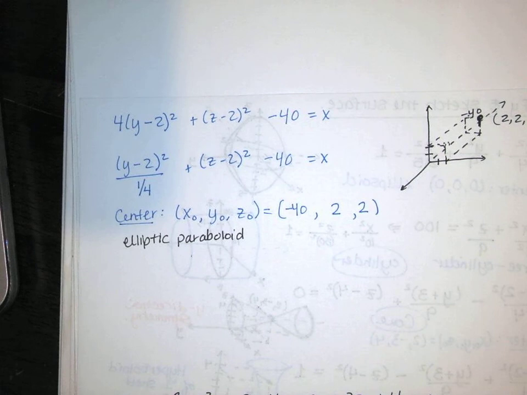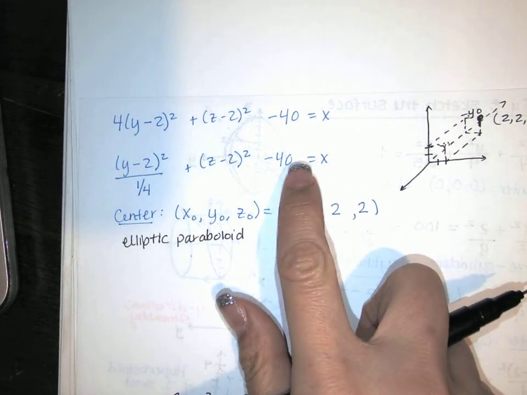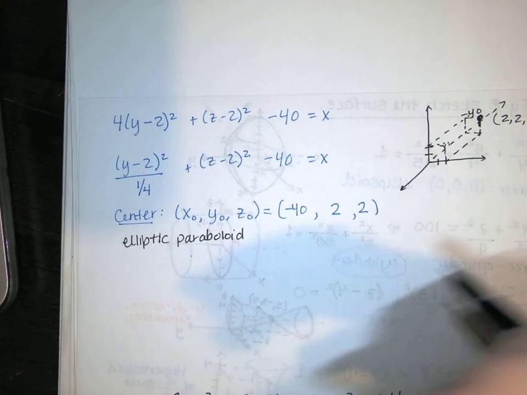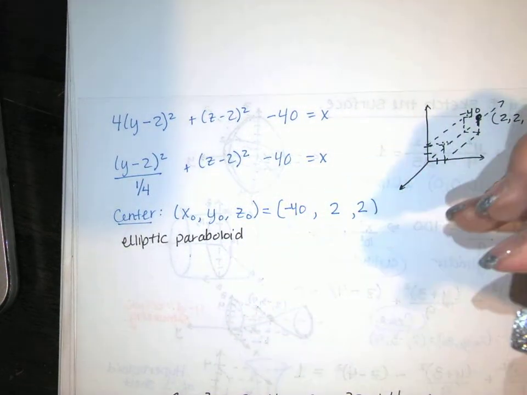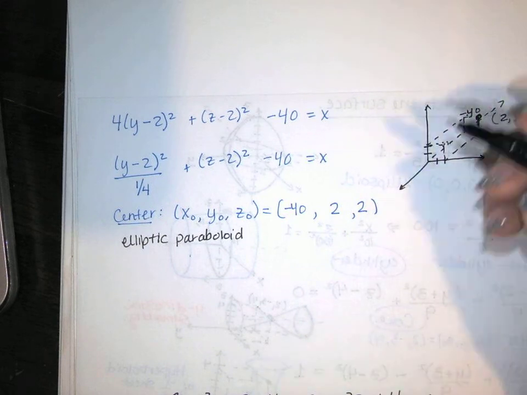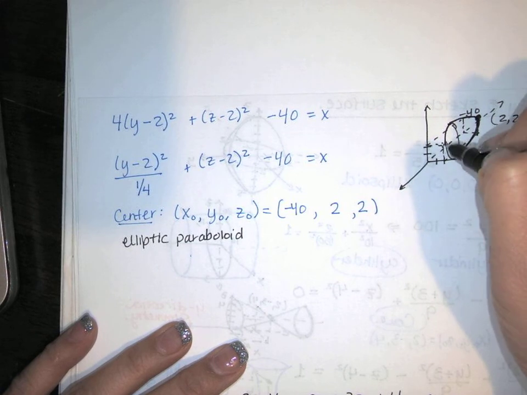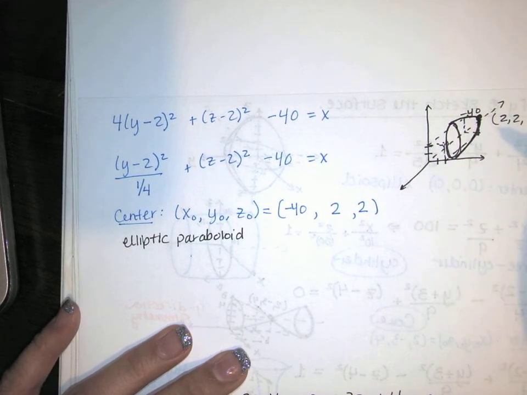The terms are positive, and it opens in the positive x direction, but it's been shifted negative 40 units in the x direction. So it's been sort of shifted down in the x direction, or if you're thinking of the x direction as back, it's shifted back 40 units from where we are. So we're going to see something like this. And that axis of symmetry is parallel to the x-axis.